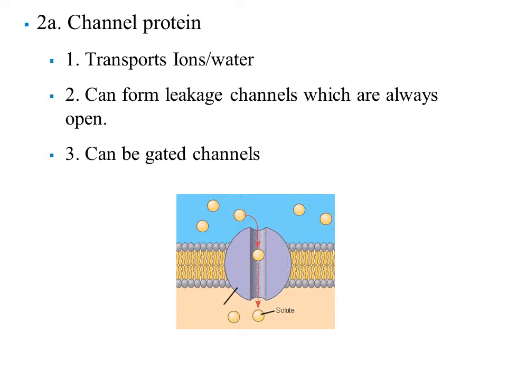One example of this would be water flowing through the membrane through a leaky channel. You do not want to restrict water flow. So the channel is always open. And then finally, we have some channel proteins that are closed. They're going to be called gated channels. So these are three types of channel proteins.